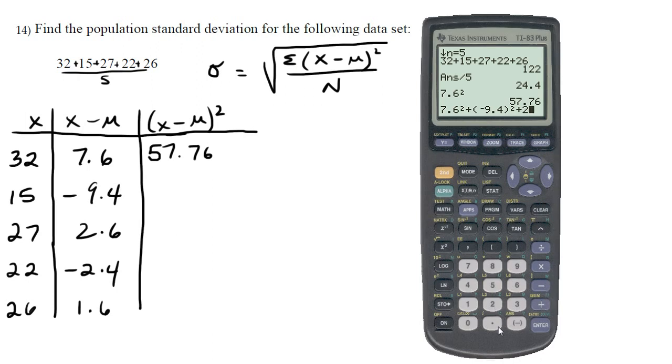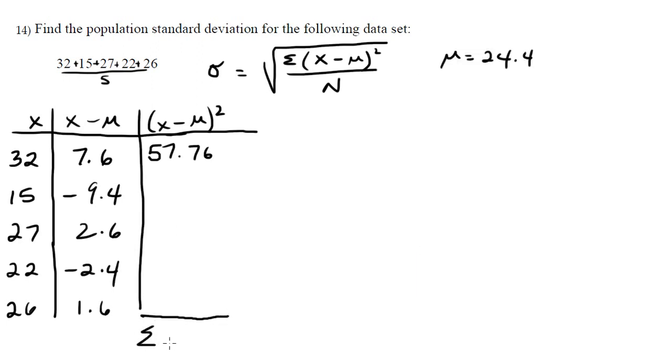Plus 2.6 squared plus negative 2.4 squared plus 1.6 squared. That'll give me that sum that I need, 161.2. That'll give me that sum. Right?